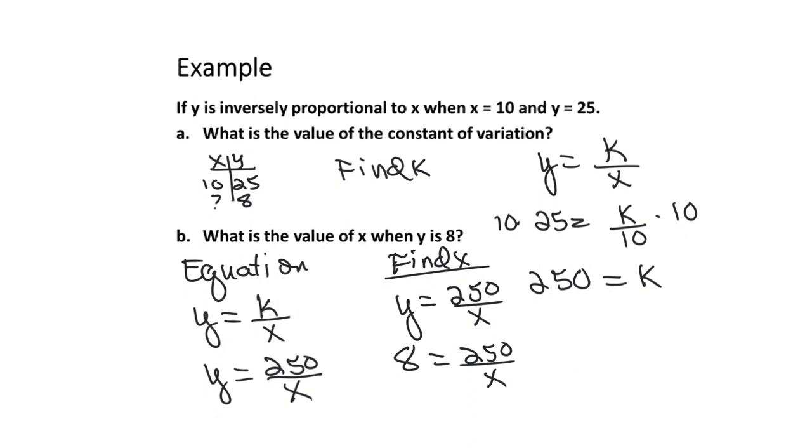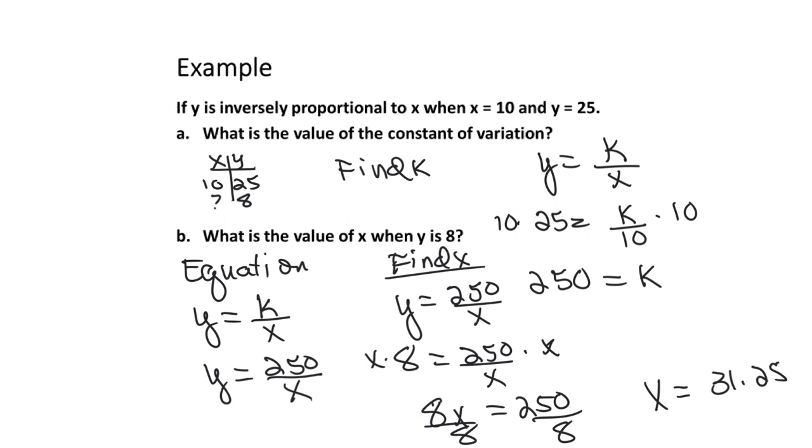To solve this equation, I'm going to multiply, first of all, both sides by x. And then I'm going to divide everything on both sides by 8. And when I do that, I'm going to end up with x is equal to 31.25.